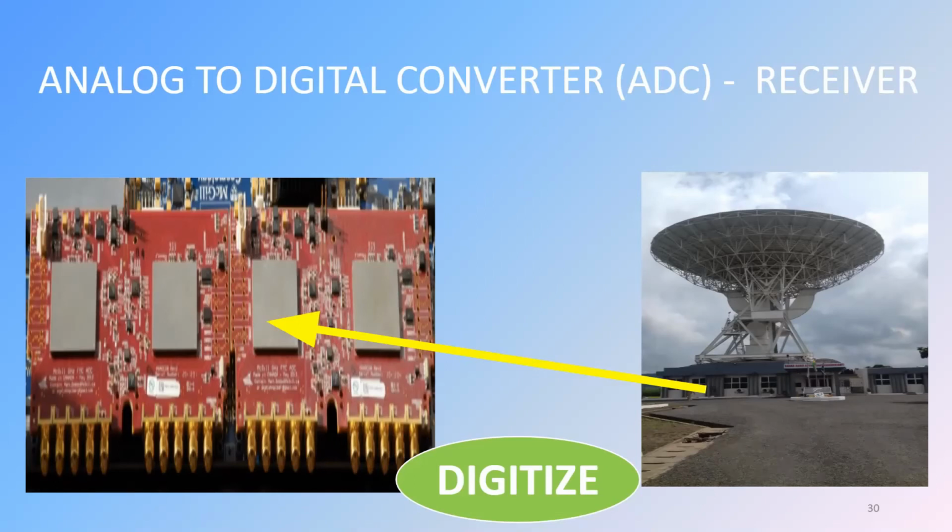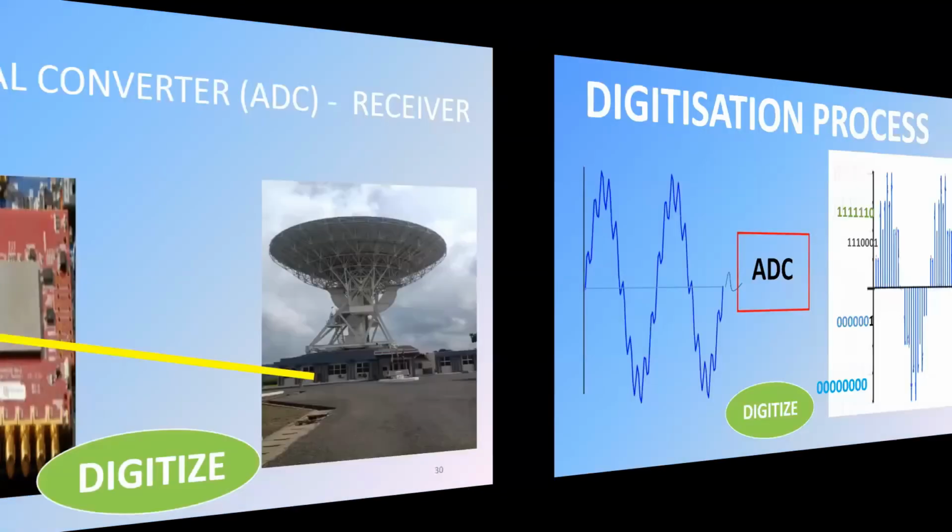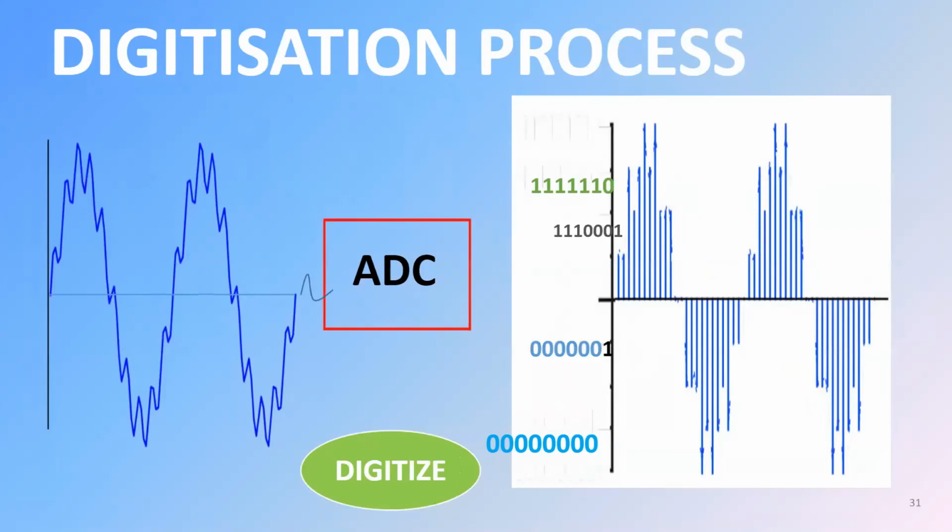From the ADC part, we come to the digitization process, where the voltages and the current received are digitized into a digital signal that our receiver or the computer can now recognize as zeros and ones.